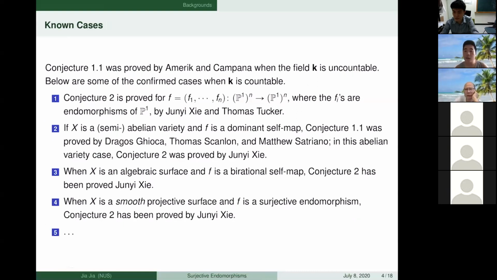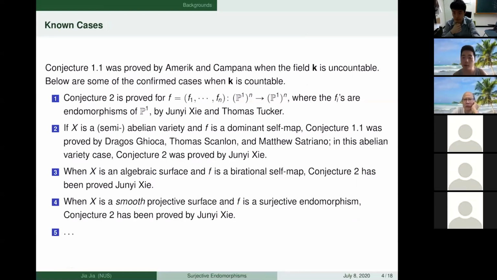When X is an algebraic surface and F is a birational self-map, meaning the degree of F generally equal to 1, conjecture 2 was proved by Junyi Xie. Moreover, when X is a smooth projective surface and F is a surjective endomorphism, Junyi Xie also proved this conjecture 2. Our work generalized the smooth cases to singular cases.